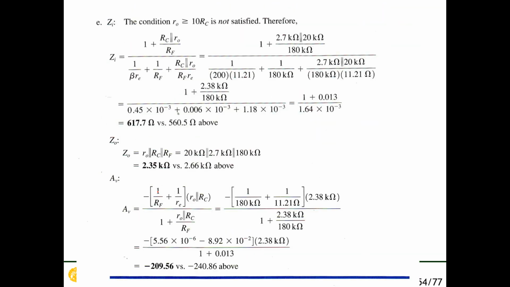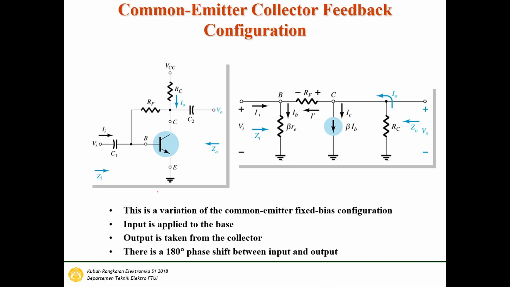And then the last one is the common emitter collector feedback. So we connected RF here as a feedback between the collector terminal and the base terminal. This is the collector terminal and this is the base terminal. And we didn't connect any input bias in the base terminal. So this is the variation of the common emitter fixed bias.